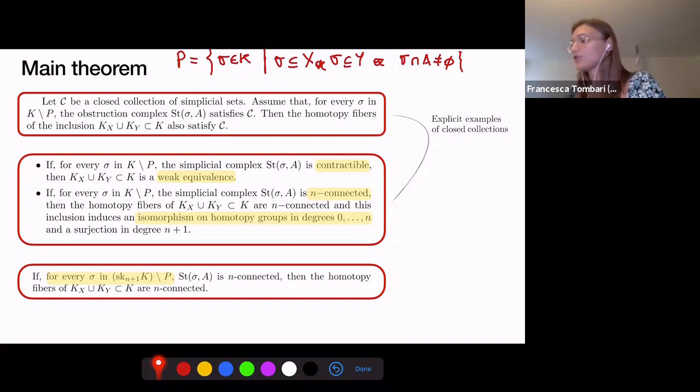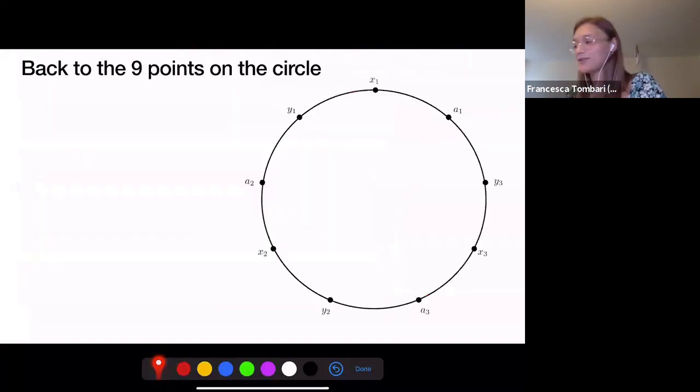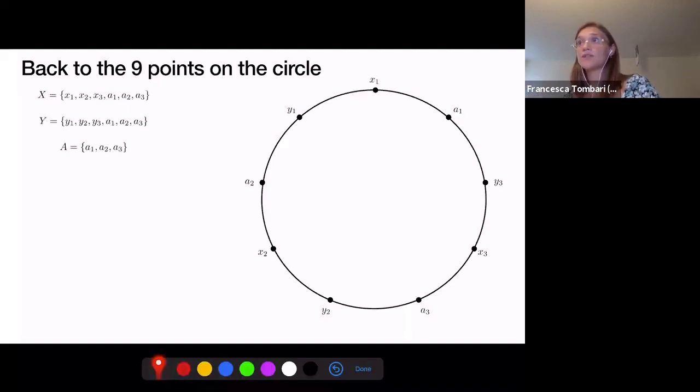I know this is a lot of written content for a slide, but the next one is going to be more visual. Hopefully it will give an intuition of what this theorem actually does. So let's go back to the 9 points on the circle example. I remind you of the 2 submetric spaces covering Z, which is the total space.